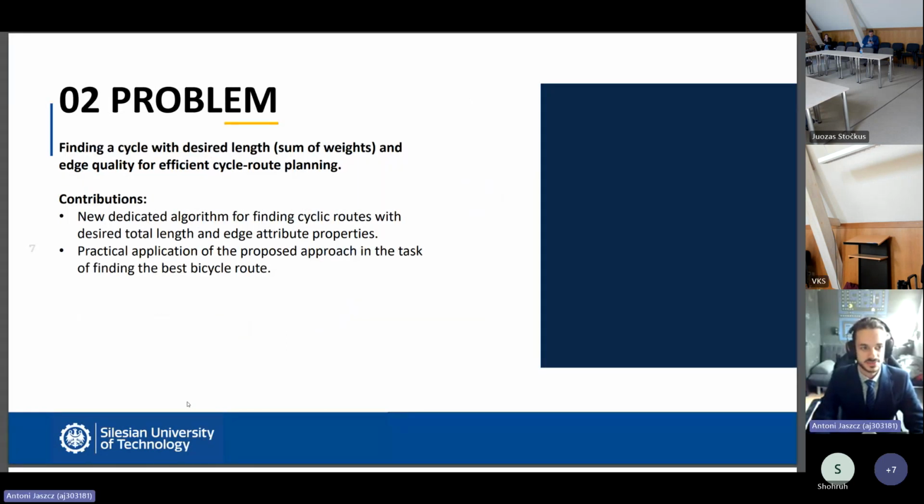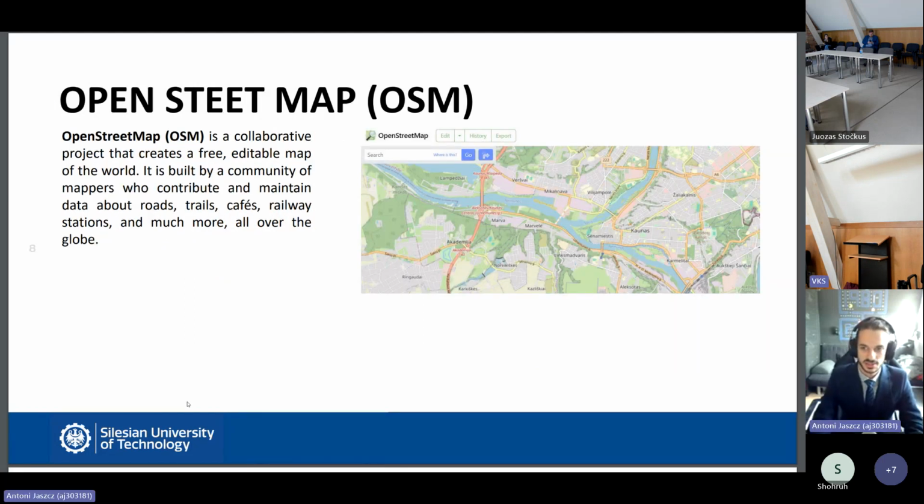And the problem at hand is finding a cycle with desired length and edge quality for designing a cycle route path. The data collected for the experiments comes from OpenStreetMap, which is a collaborative, open source project created and maintained by the community of mappers itself. OpenStreetMap provides a useful API, which we use to create a graph representation of the real world data.